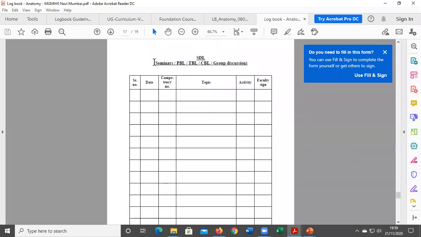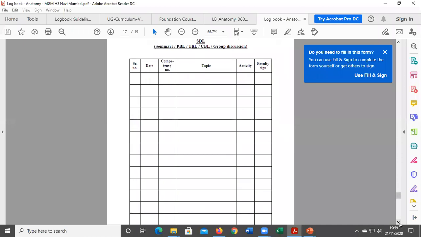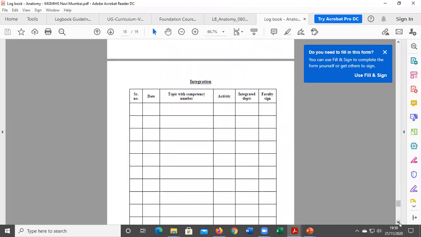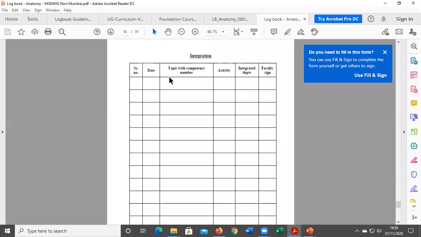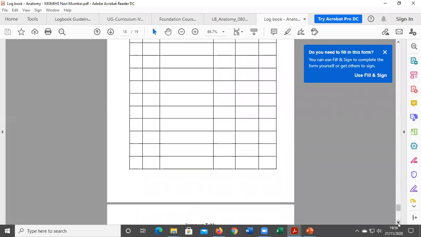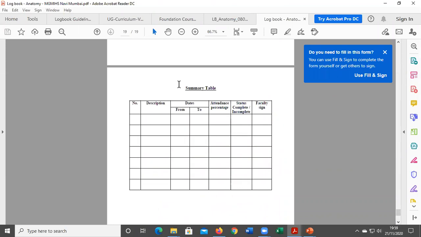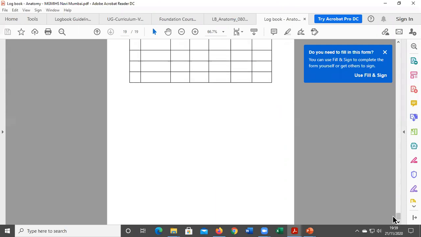Then in the same way for SDL, we have included seminars, problem-based learning, team-based learning, case-based learning, and group discussion. And then for the AETCOM topics, they have listed a table, and there is a summary table, attendance, then faculty signature. So this is how the logbook looks for MGM University of Health Sciences.